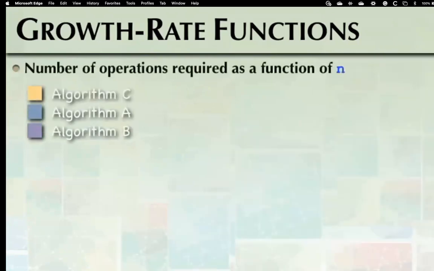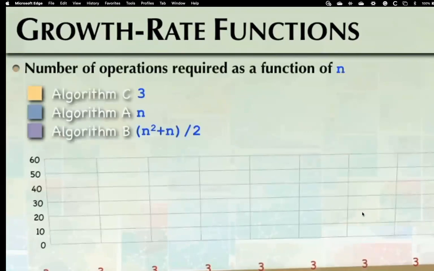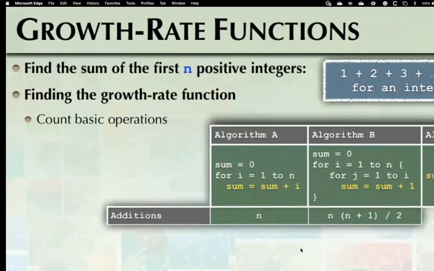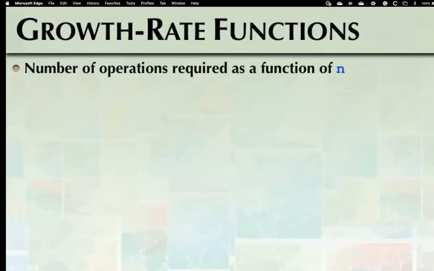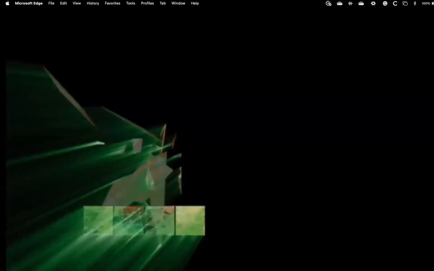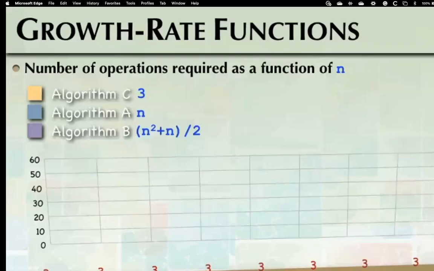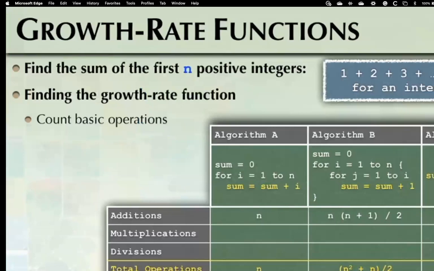If we plot the growth function for each algorithm, we see that algorithm C is flat. So it kind of leaped over that fairly quickly, and we'll get a chance to have that in the textbook and in our lecture notes. So big O notation, this is n.